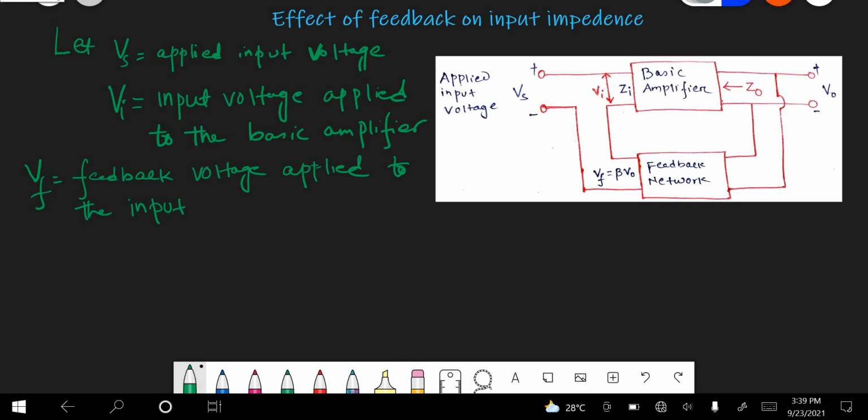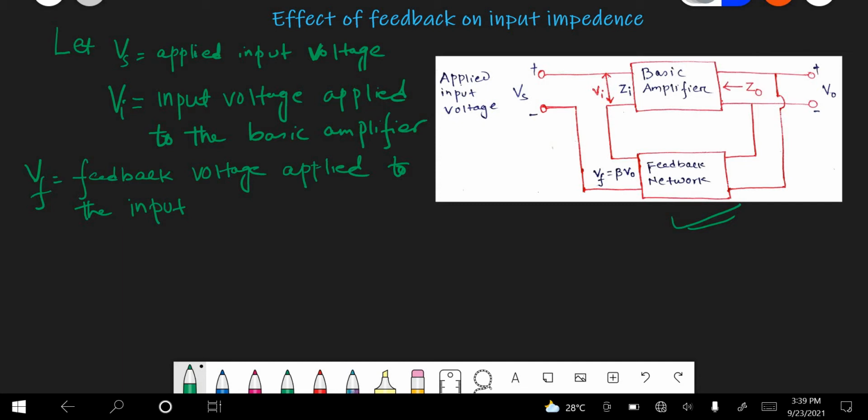Hello, in this video, I am going to discuss the effect of feedback on input impedance of an amplifier. On the right hand side, we have an amplifier circuit. We have a schematic of an amplifier with feedback.